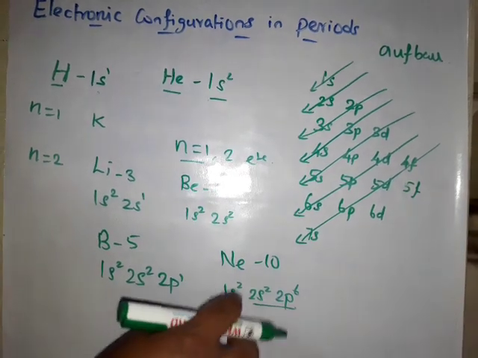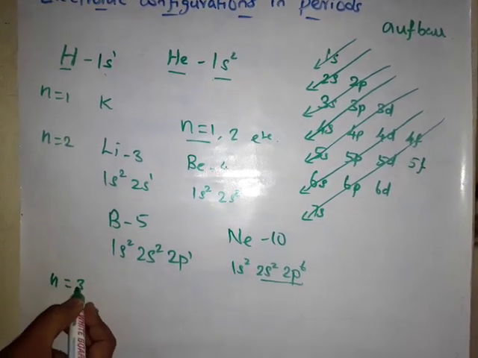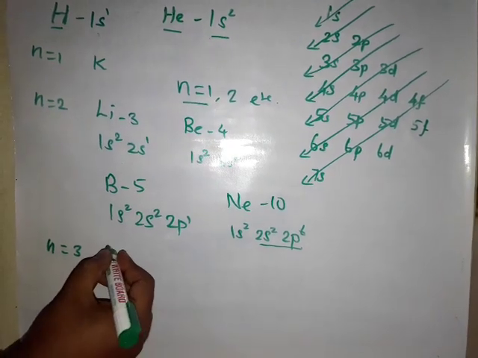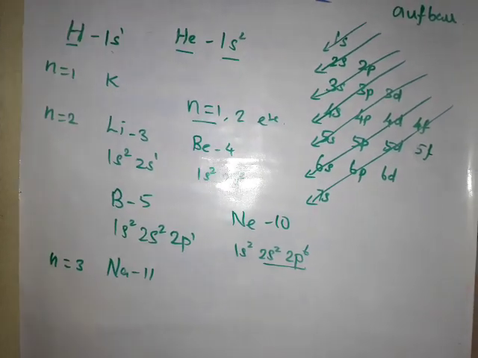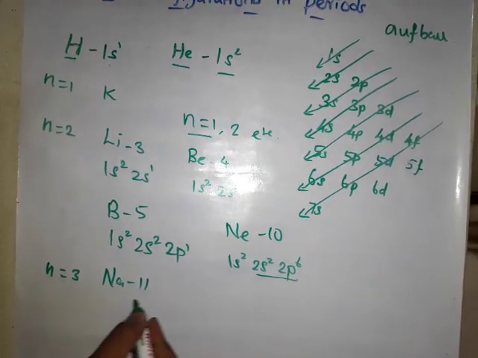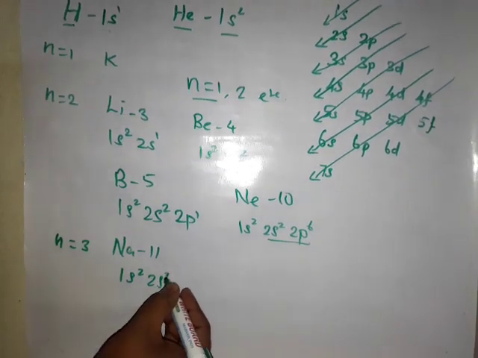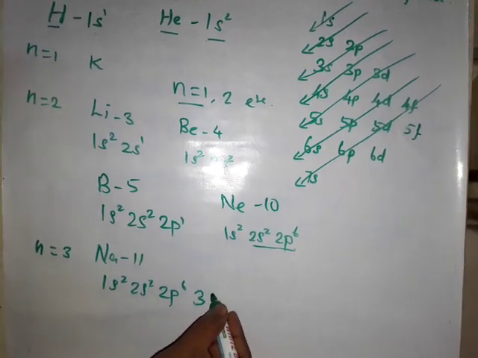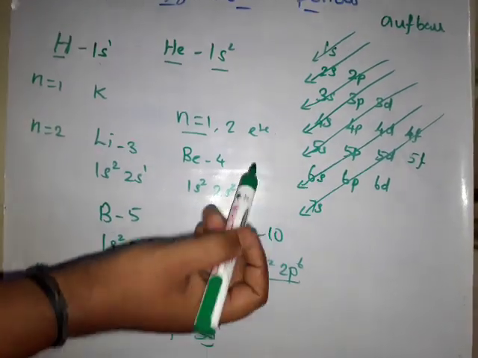Then the third period, that is n equal to 3, begins with sodium. The atomic number is 11. So the electronic configuration will be 1s2, 2s2, 2p6, then 3s1. Here the 3s orbital electrons enter.